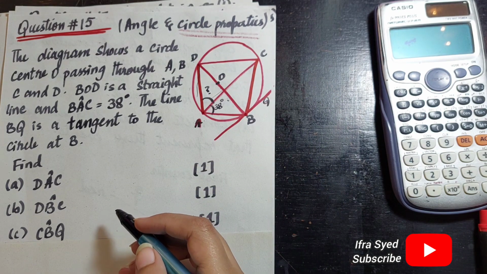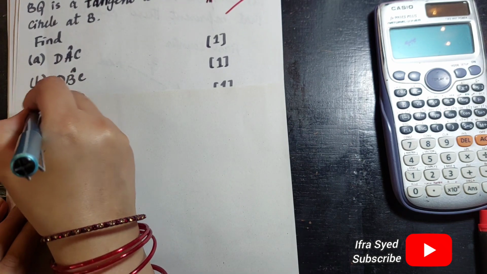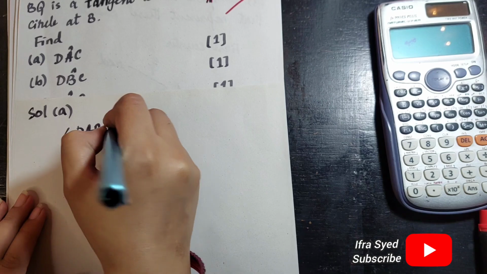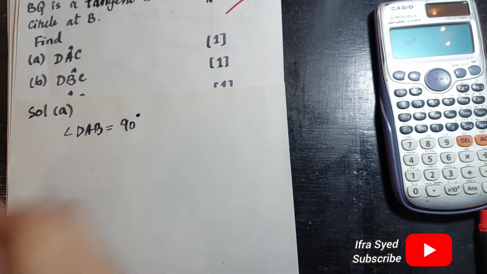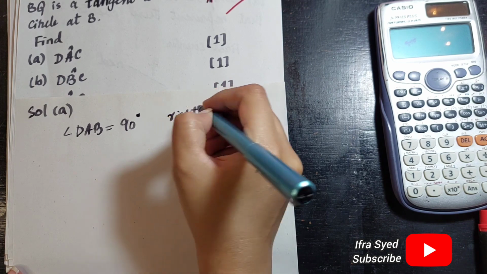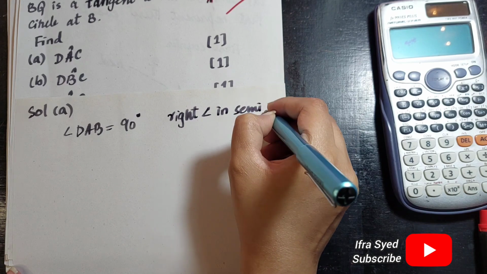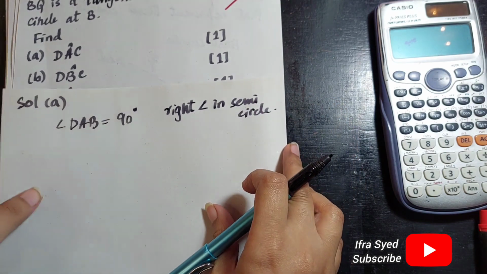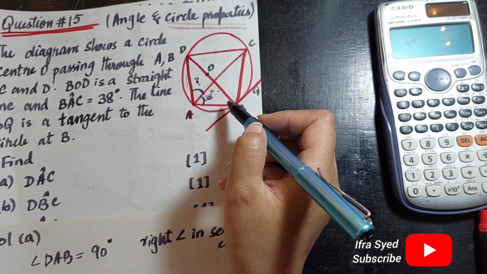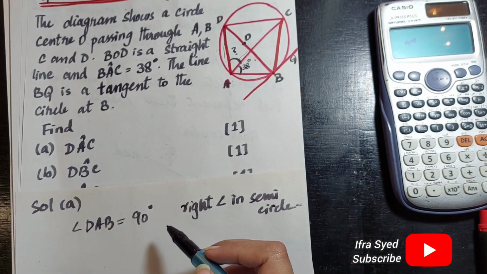So that's why I'm writing here, solution, part A. Angle DAB is equal to 90 degrees, and the reason is right angle in semicircle. So this is the right angle. By mistake, I said that it is a straight angle. It's not a straight angle, it is a right angle, and it is of 90 degrees.